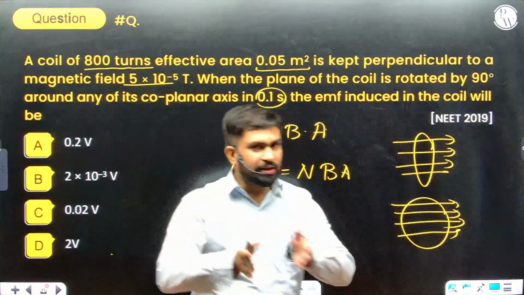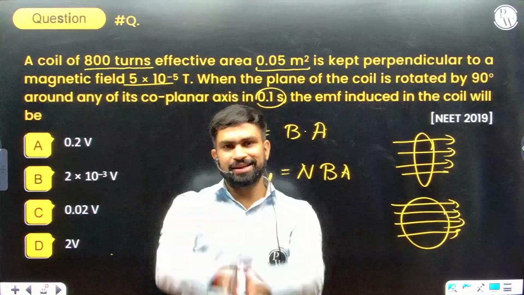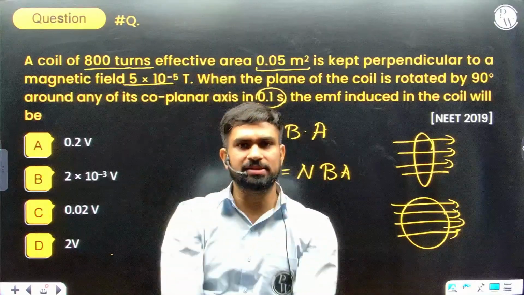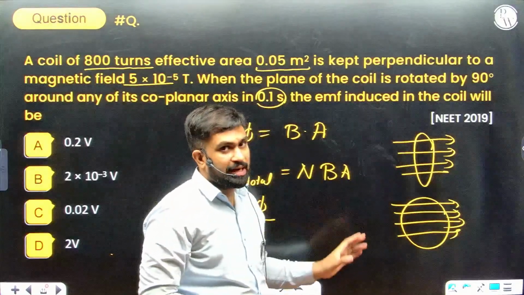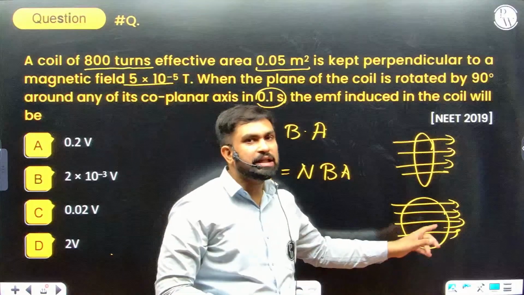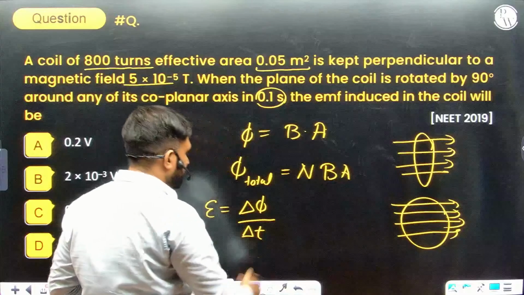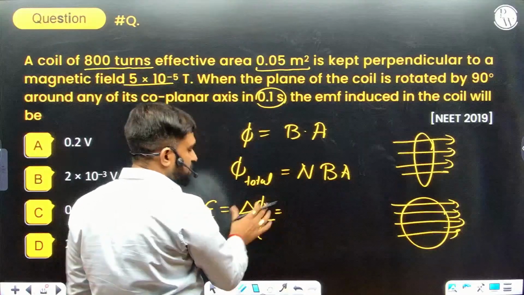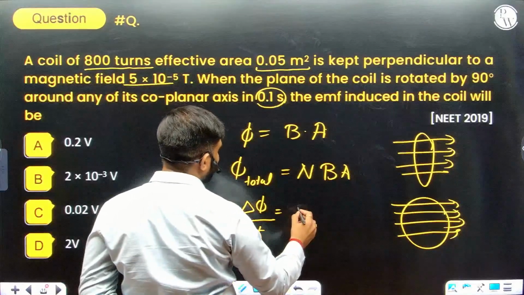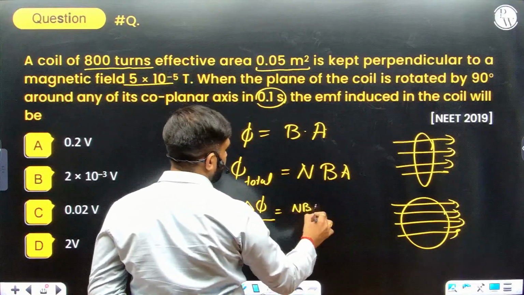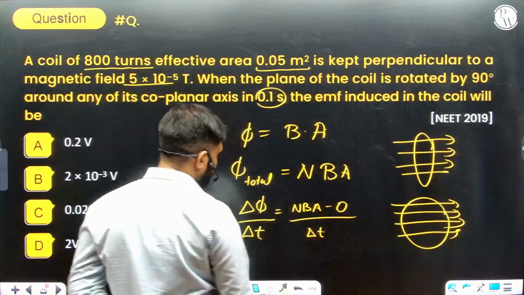Now the surface is parallel to the magnetic field lines. So I understand that the flux will now be 0. Initially we had some flux, and now the flux is 0. So I'll keep this change in flux, just the magnitude I need. The initial flux I'll keep as NBA, and the final flux was 0, and the time we already know.